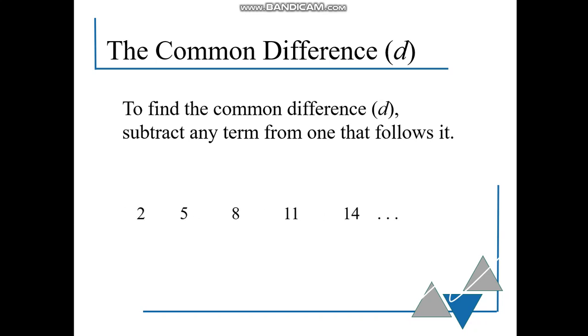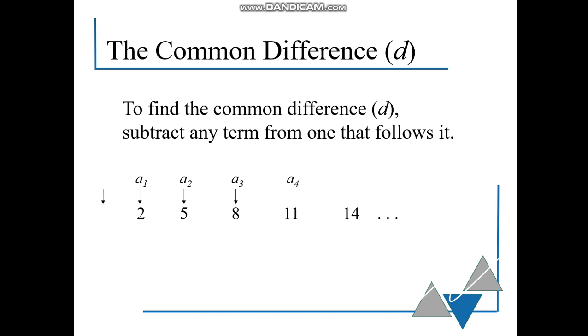So here's an example. This is a sequence. It's just a list of numbers. I'm going to label this list with the letter A and a subscript that tells where it is in the list. So A subscript 1 is my first number in the list, and that's 2. A sub 2, that's my second number in the list. That's a 5. A sub 3, the third number in the list.